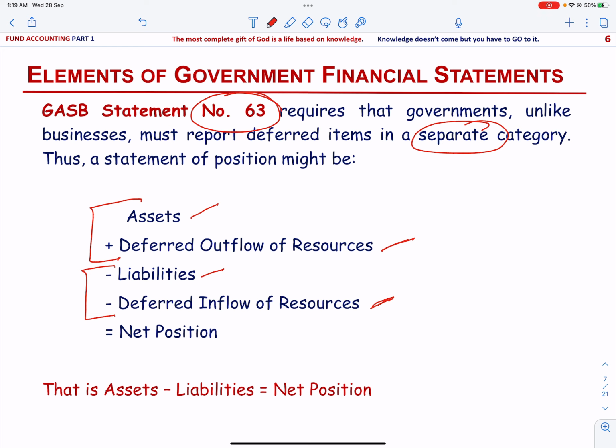In business, assets minus liabilities is equal to equity. In governmental accounting, assets minus liabilities is equal to net position. So the concept is the same. Also remember that net position is also called fund balance, and I will refer to it after some time.